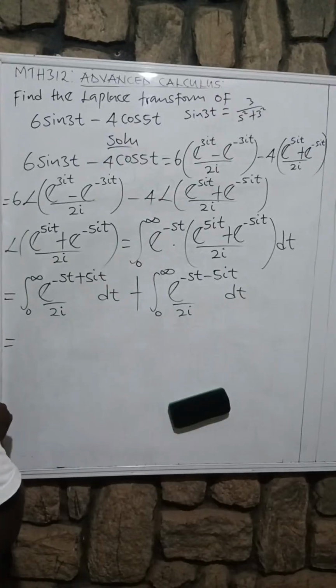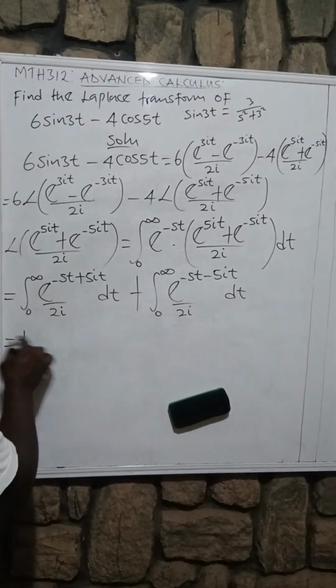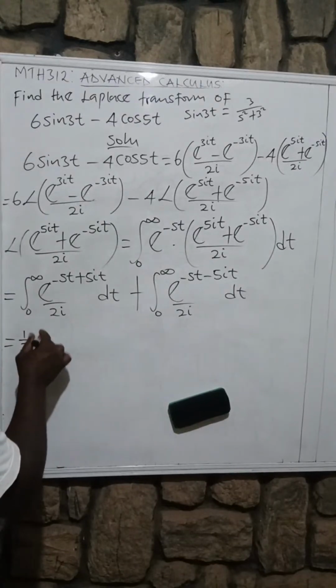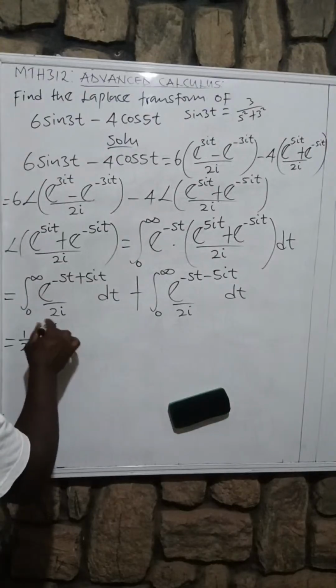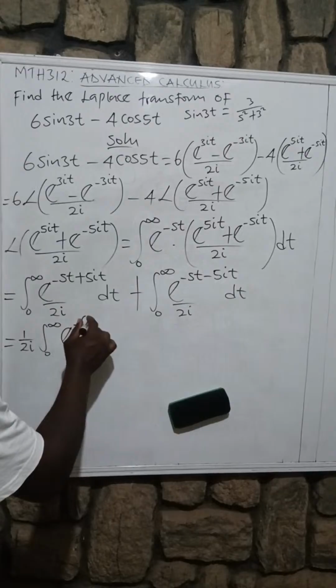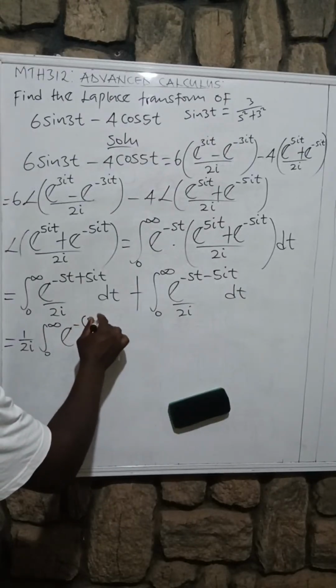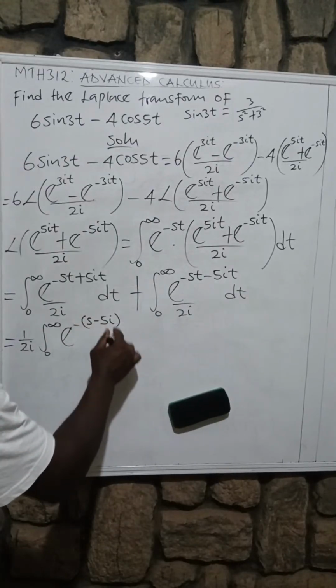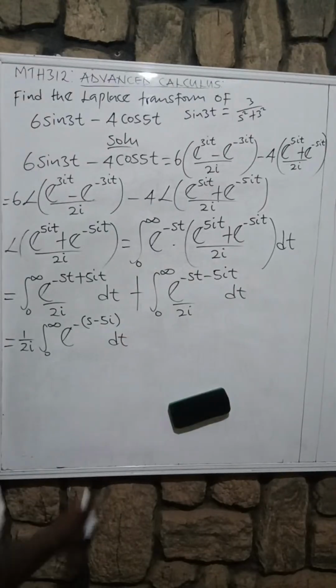So here will be equal to 1 all over 2i integral from 0 to infinity exponential minus open bracket s minus 5i, t dt. True or false?